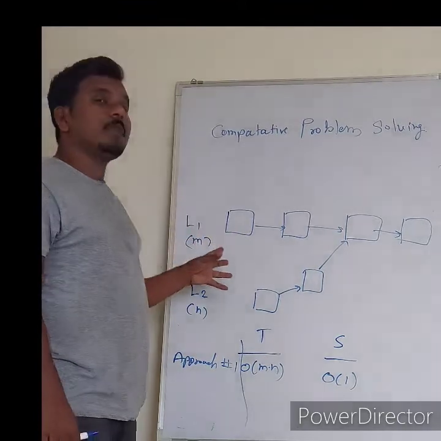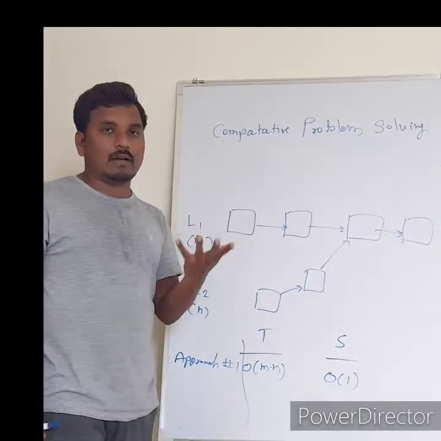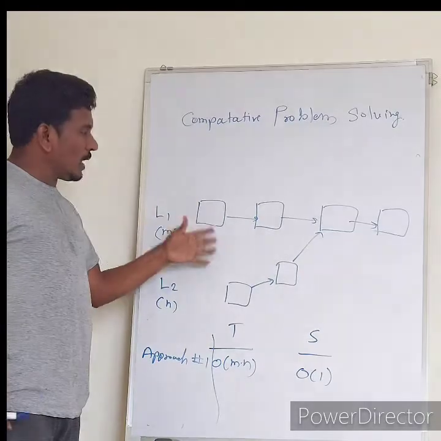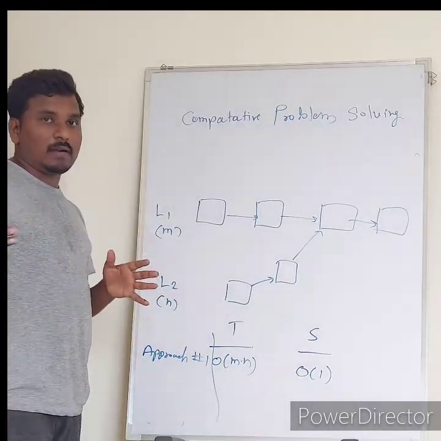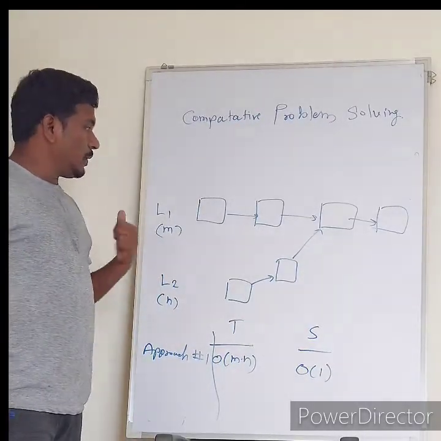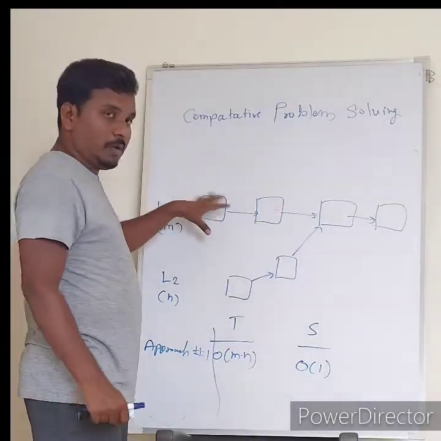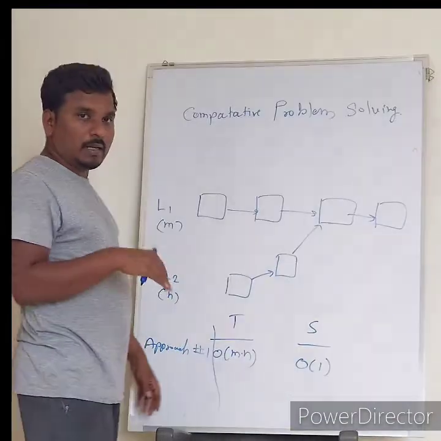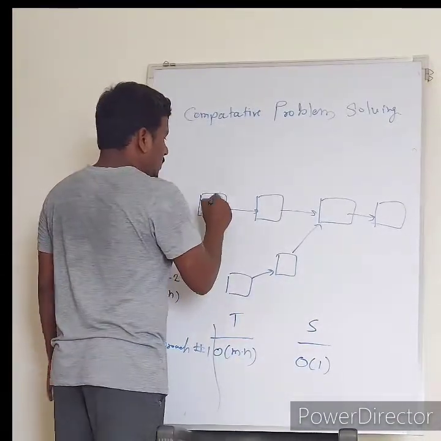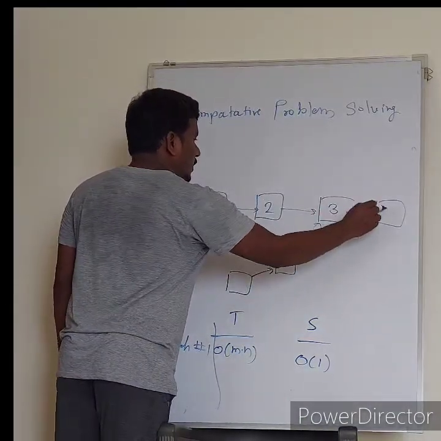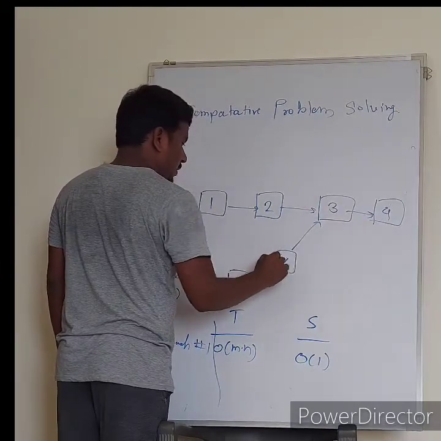So we can solve the same problem using a stack data structure. How would we do that? Assume something: I would number these nodes so that I can explain the solution. Suppose 1, 2, 3, and 4, 5, and 6.